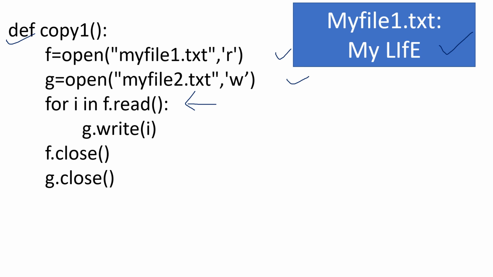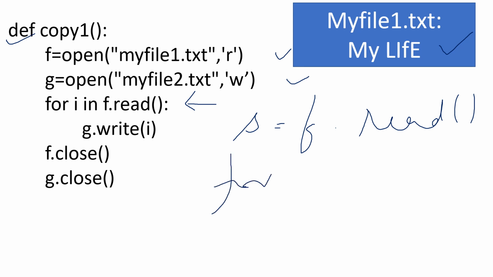Now you can divide this loop into two parts. You can write like this also, s equals f dot read, and then in the for loop you can use this one, i in s, like this.